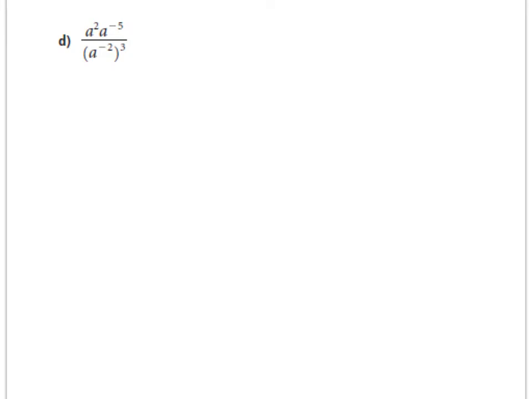Since the bases are the same, I'm going to write one base and then add the exponents. 2 plus minus 5 is going to give me minus 3. Divided by a exponent negative 2, exponent 3. This is power of a power, so I'm going to multiply the exponents. So I'm going to get a exponent 2 times negative 2 times 3, which is going to give me negative 6.